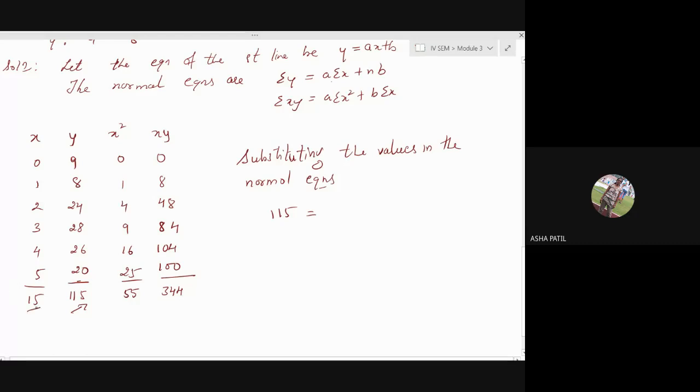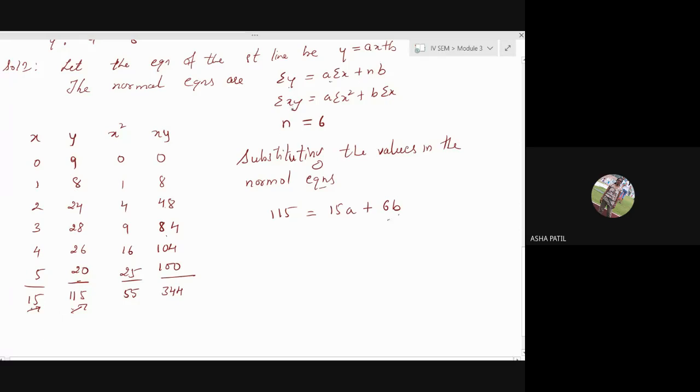Summation x is here 15, so it is 15a plus n. How many sets of values are given to us? 6 values. Yes, ma'am, n is 6. So 6 into b. You have substituted summation y, it is 115 in the LHS. A we have kept as it is. Summation x is 15, n is 6 and b we have kept as it is.